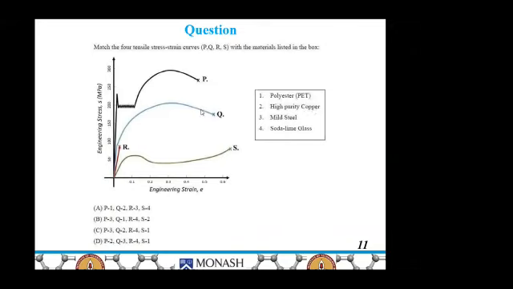So for high purity copper we have a stress strain curve like this, and in R we can see there is a brittle fracture. In which case will we have a brittle fracture? That is in glass. So R corresponds to 4. And here we have a sharp increase in the length, and this will be the case of polyester. So C is the correct answer.